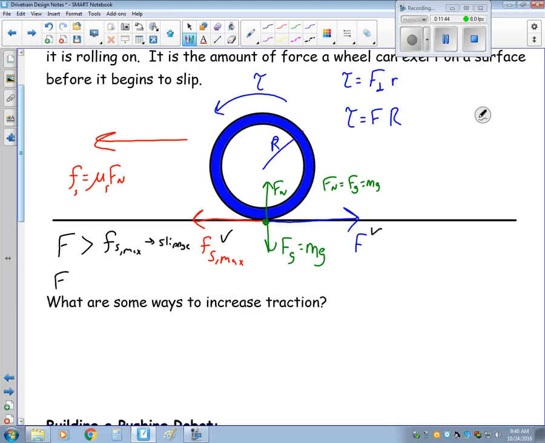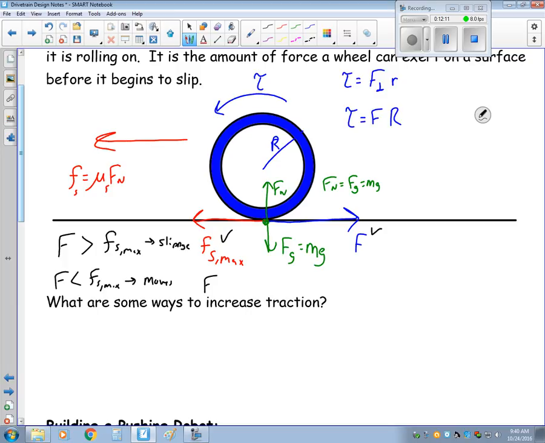If this force is less than the maximum static friction, then the wheel moves. And there's no problem. But what we're interested in is the maximum force we can apply to the ground while this robot can move. So what's the maximum force we can apply?